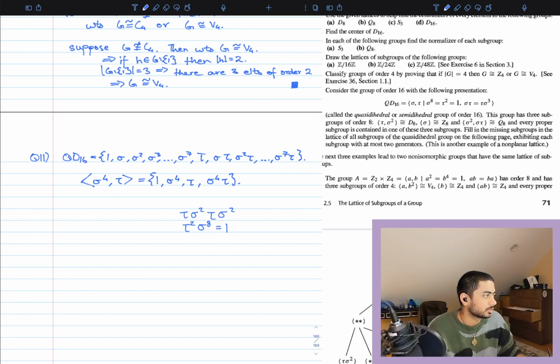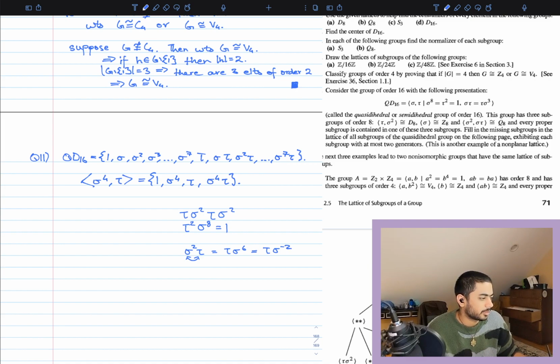It's pretty cool. I'm curious, what happens when we swap these two? So more importantly, what happens when we swap these two? This is the same thing as tau sigma to the 6, which is the same thing as tau sigma squared, sigma negative 2.